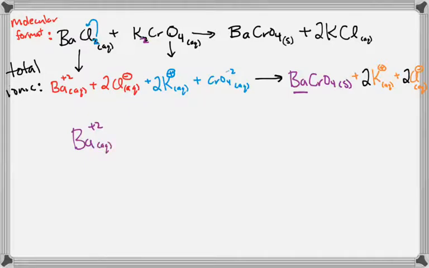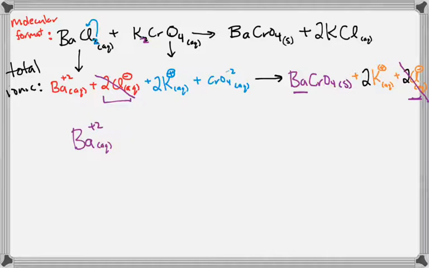Okay. I move to the next one. I have 2 Cl minus aqueous. So I now look to the product. Do I see Cl minus aqueous? Yeah, I do, sort of. Way off in that little corner. And there just so happens to be 2 of them, which means I can subtract, and those 2 terms cancel out of my equation.